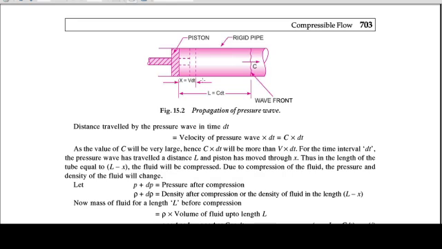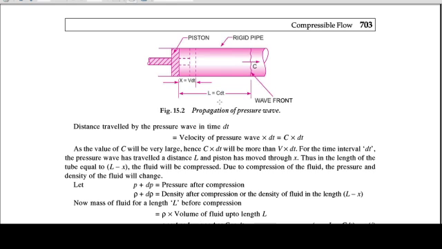Due to this movement, the pressure waves are generated, and these pressure waves travel a distance L. Here L indicates the distance traveled by the sound wave.